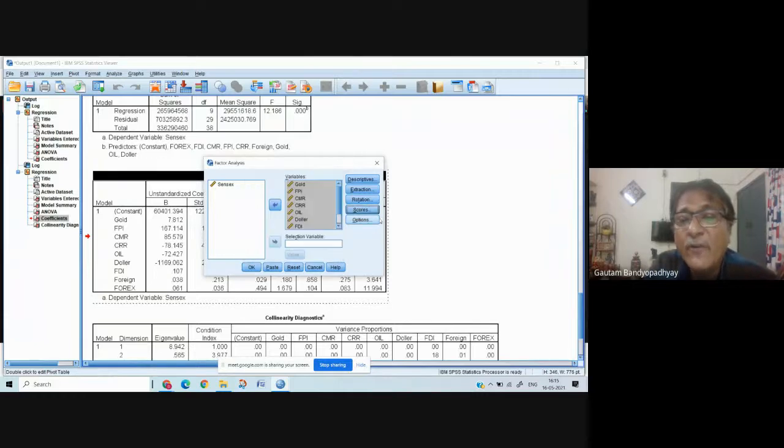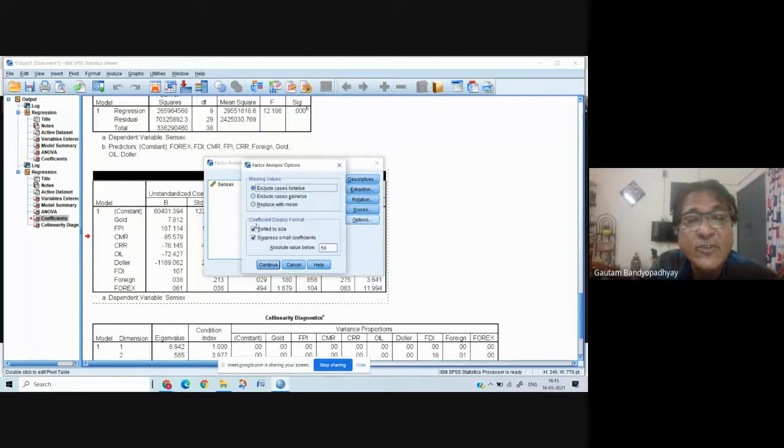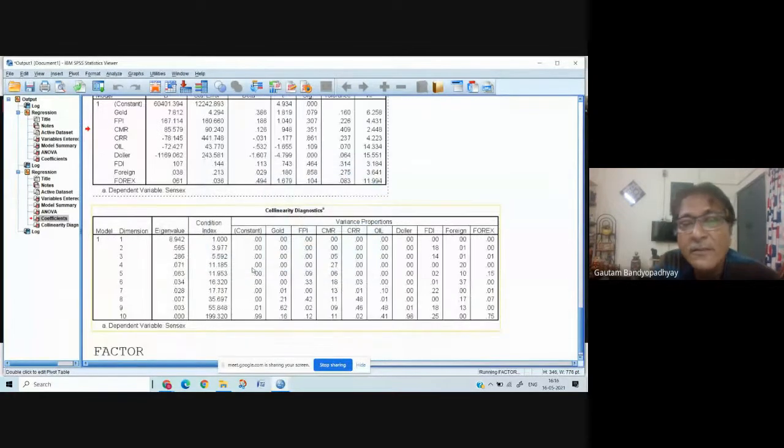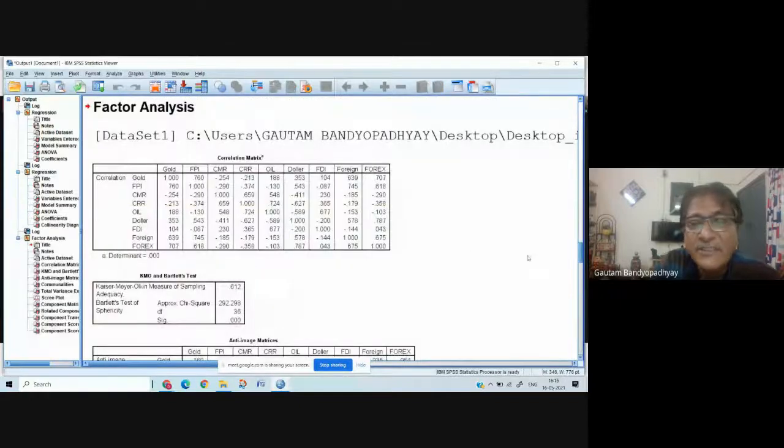For options we select sorted by size and suppress absolute values less than, initially given as 0.10. We replace 0.10 by 0.50 and continue. Then click OK.